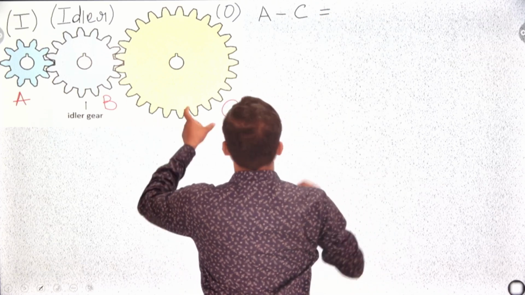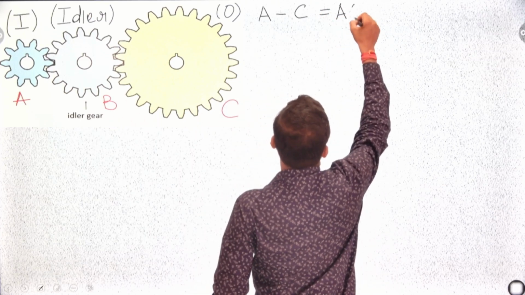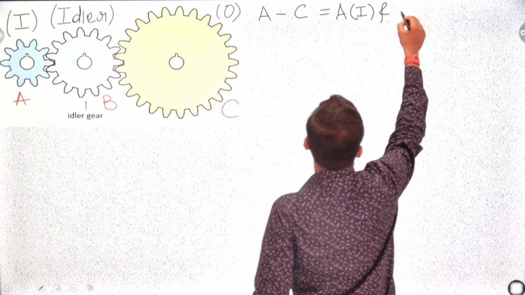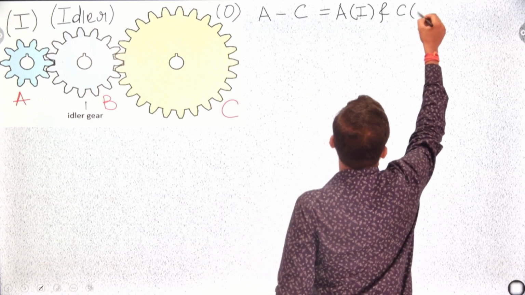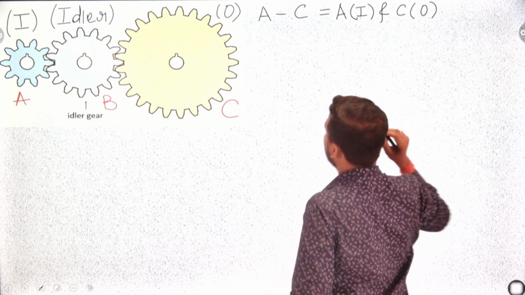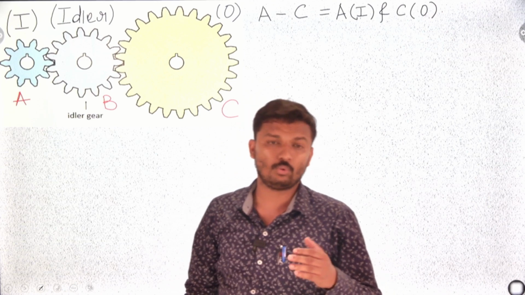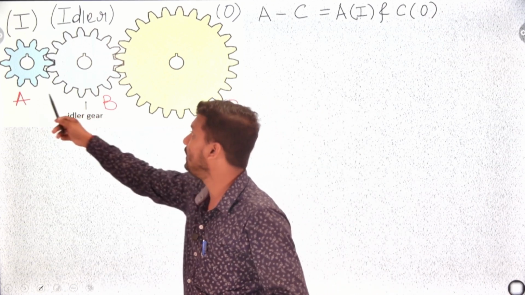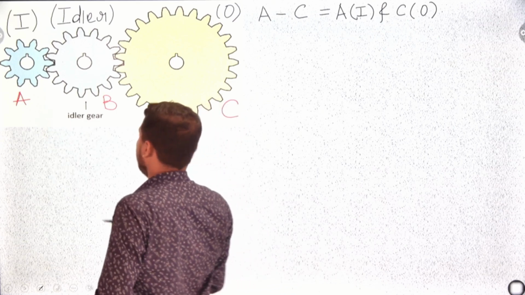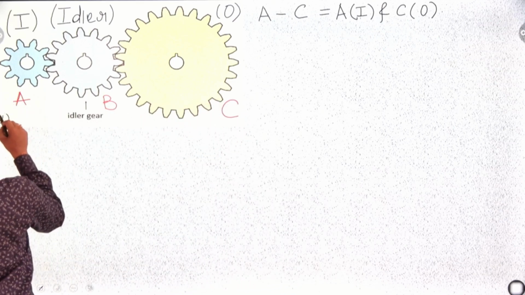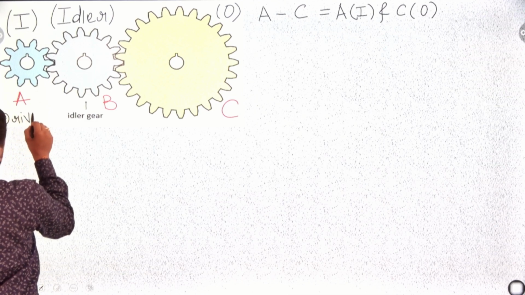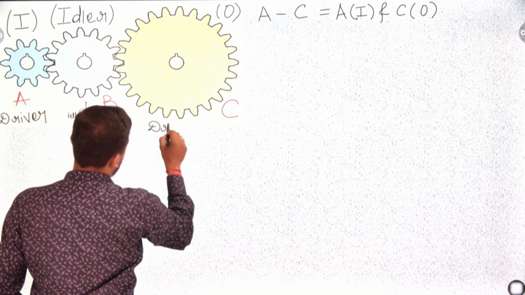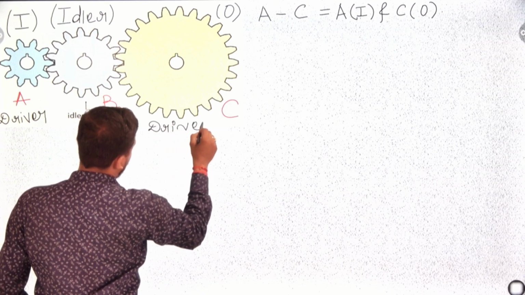A is completely input, the drive part, and C is the output. A is the input and we get the output at C. This one is the driver, this one is the idler, and this one is the driven.